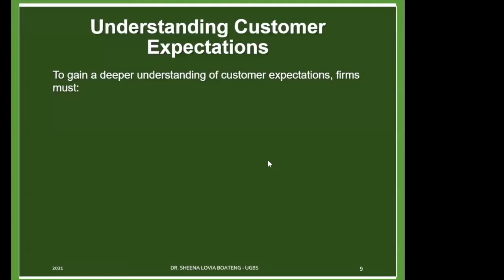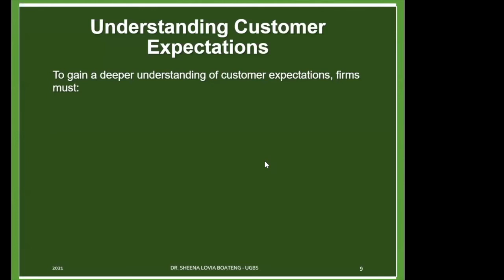Okay, so now we understand customer expectations, customer experiences, and customer needs and how they influence each other. So as a firm, given that we need to understand customer expectations in order to meet them adequately to keep our customers satisfied, we need to ask ourselves, how do we gain an understanding of what our customers expect?